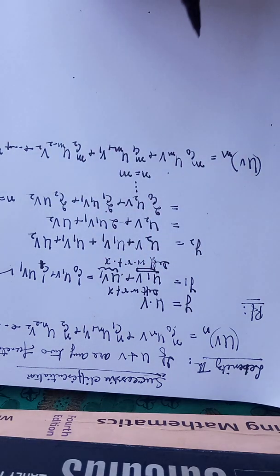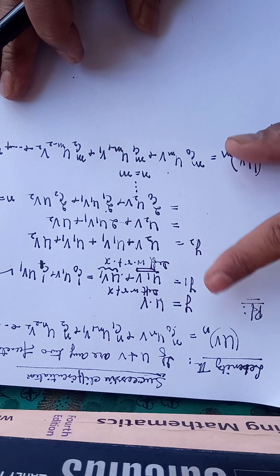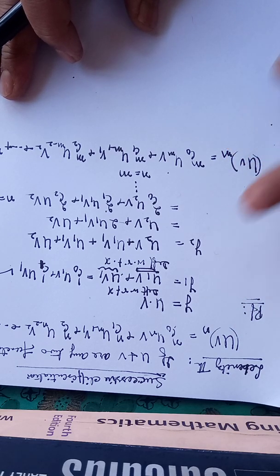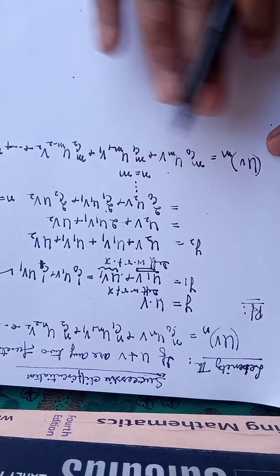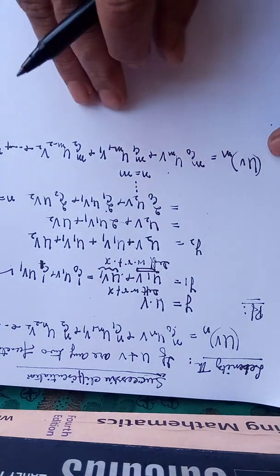Since I have already told you that we will be proving this with the help of mathematical induction, I have shown that the result is true for n equal to 1, n equal to 2, and I have assumed that the result is true for n equal to m. So I have to prove that the result is true for n equal to m plus 1 also.